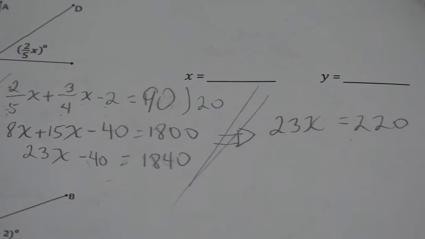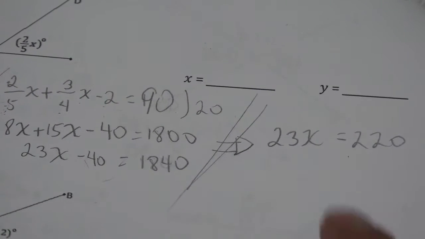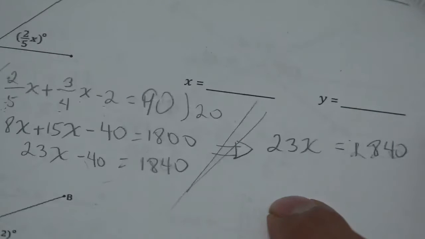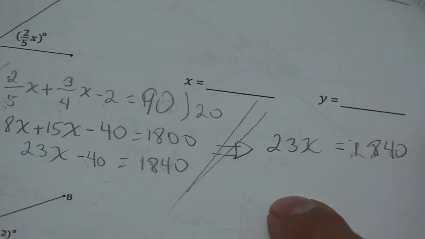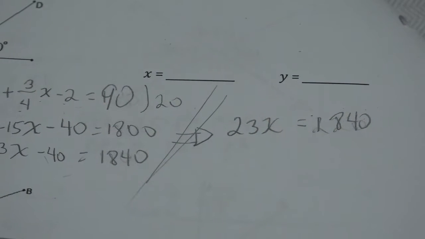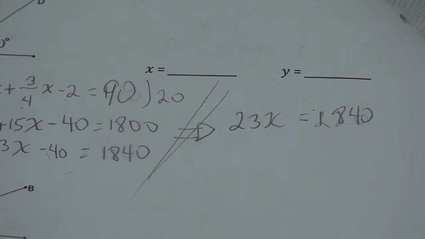So now I move on and I say 23x equals 1840. So that is what I'm going to divide by 23. So please divide it by 23 and tell me what you get.